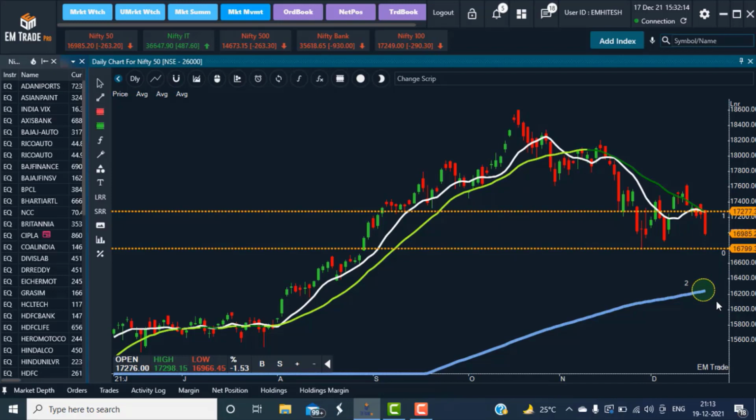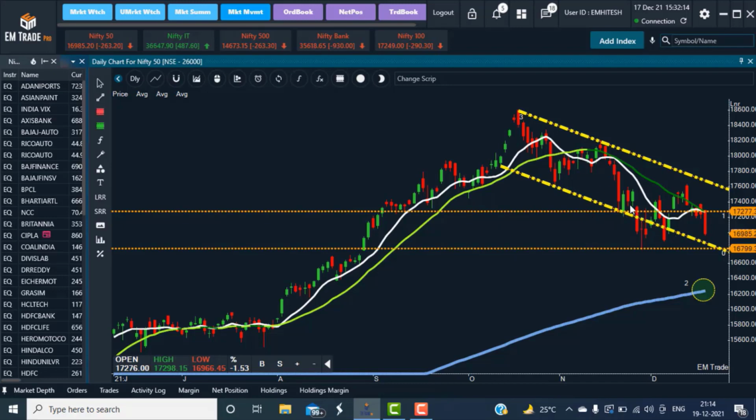So that's on Nifty. And if you see, even in our last videos, we are following the channel on Nifty. This is the channel. And if you see, at no point has the market made any attempt to touch the upper end of the channel. Repeatedly, it is breaking the lower end of the channel.